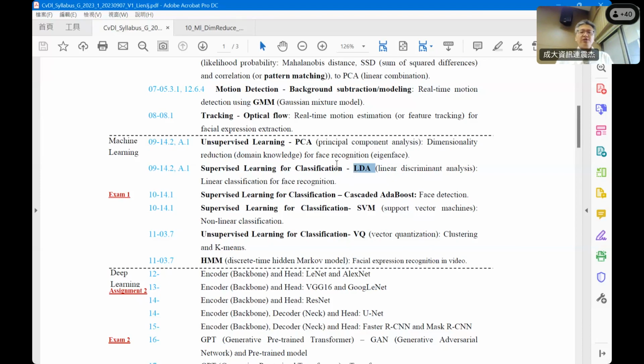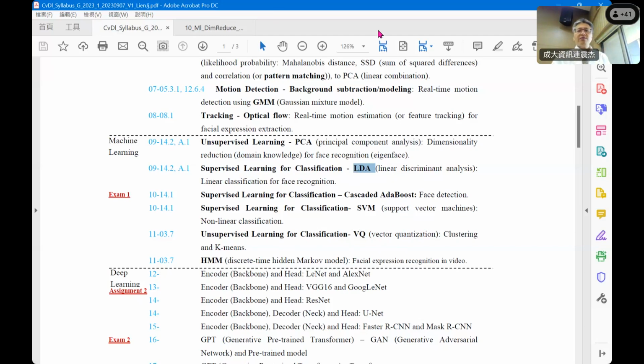And SVM is different. SVM uses a kernel function, which we call an activation function. They project the data from the original space based on the kernel function to a higher dimension, and then do the classification. So SVM and PCA plus LDA are different.